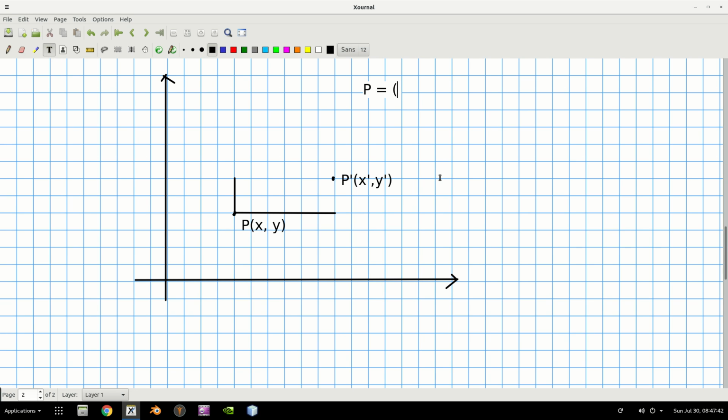This P point is given at 4, 4, and we already know that towards the x-axis we need to move by 6 units. Towards the y-axis we need to move by 2 units. So we want to find out what's P prime. And P prime is actually whatever you had for x plus dx, and whatever you had for y plus dy. Is this clear? So this is what we call translation.